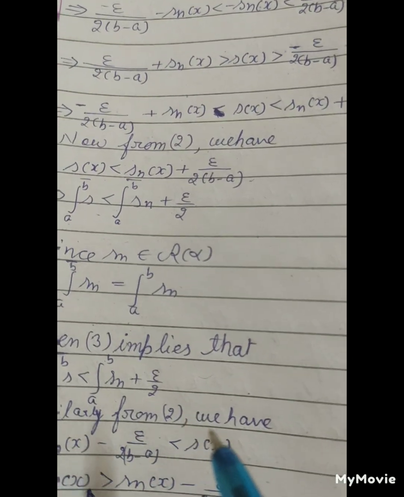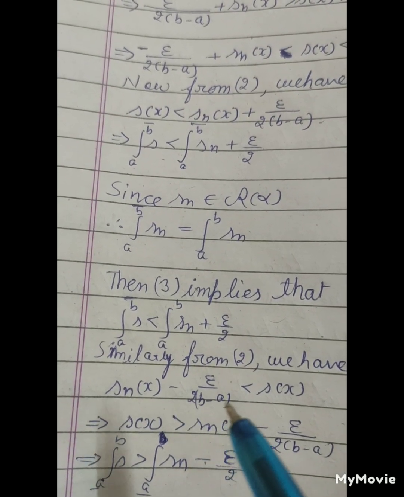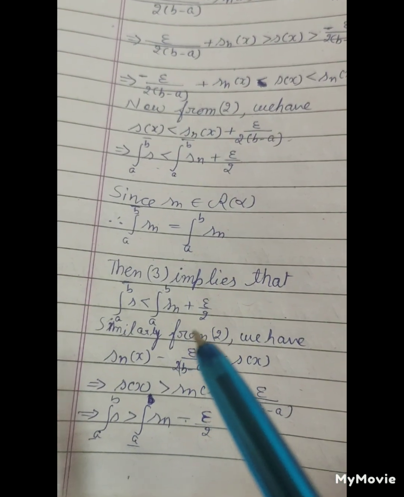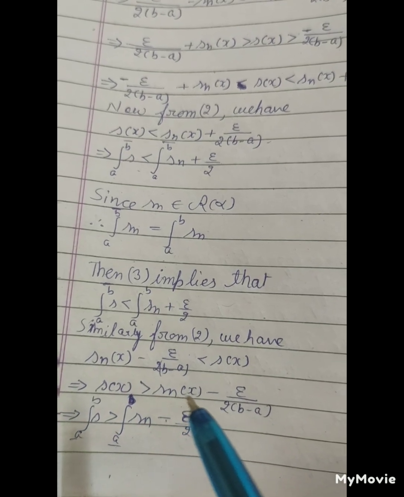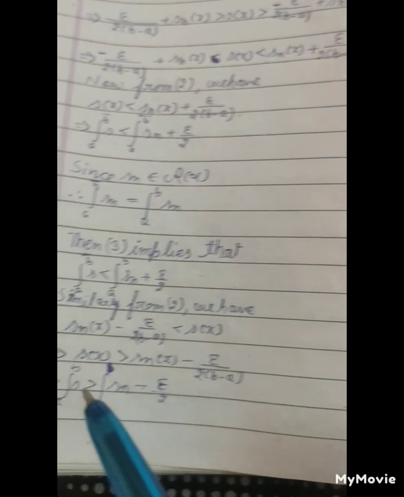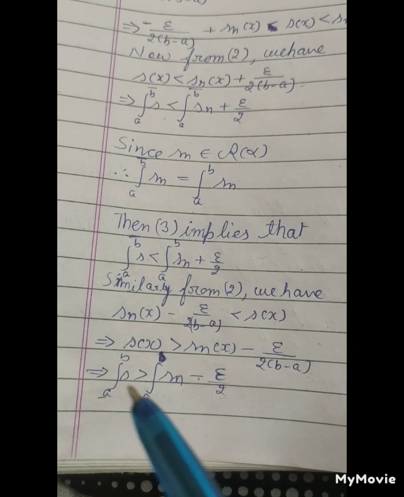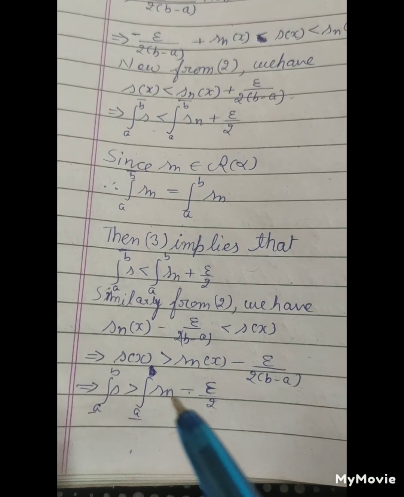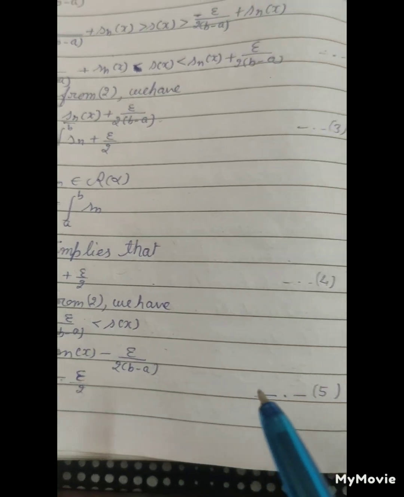Similarly, from 2 we have S_n(x) minus epsilon upon 2(b minus a) is less than s(x). This is equation 4. So s(x) is greater than S_n minus epsilon upon 2(b minus a), which implies the lower Riemann integral of s is greater than the lower Riemann integral of S_n minus epsilon upon 2.